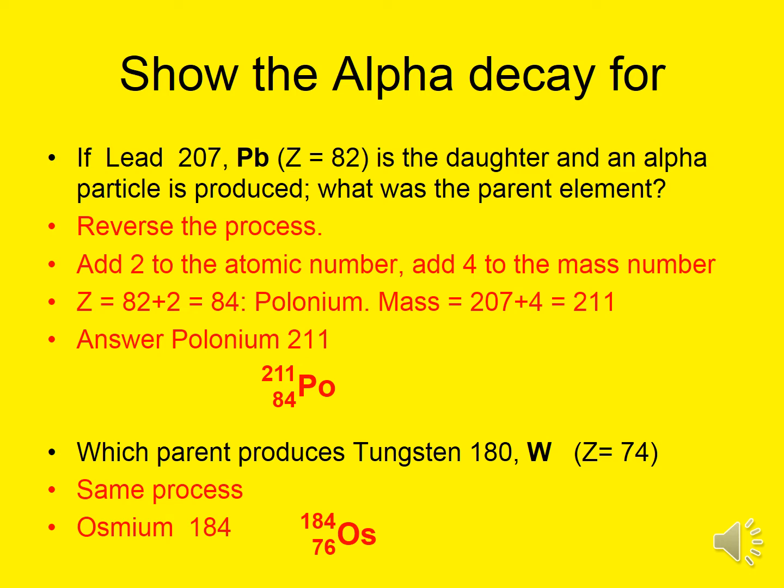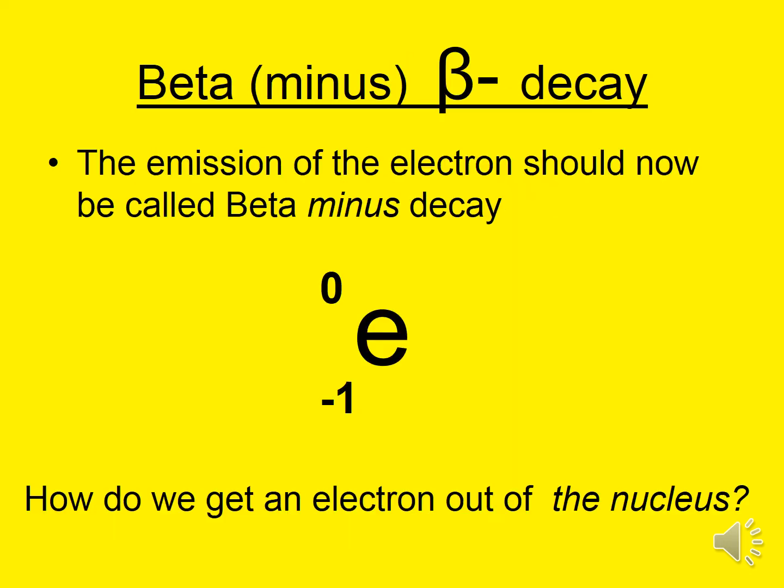So the answer will be polonium 211, which we should represent as this, 84 as an atomic number and 211 as its mass number. Similarly with tungsten, same process again. Add 2 to the atomic number, add 4 to the mass number, we get osmium 184, and that's what we should have written down for that. So hopefully you got those right and you understand about alpha decay, which again I think should be pretty straightforward.